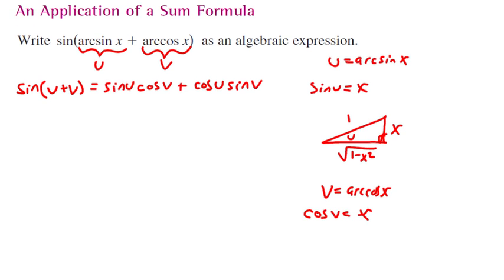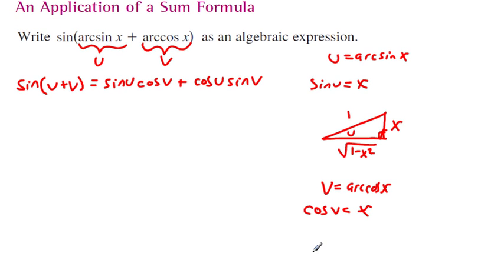I'm going to do the same thing as with u: make a right triangle, and this would be v this time. Cosine is x over 1, because adjacent over hypotenuse. Now I want to solve for this side. That means x squared plus something squared equals 1 squared, so move the x squared over. That'll be 1 minus x squared.